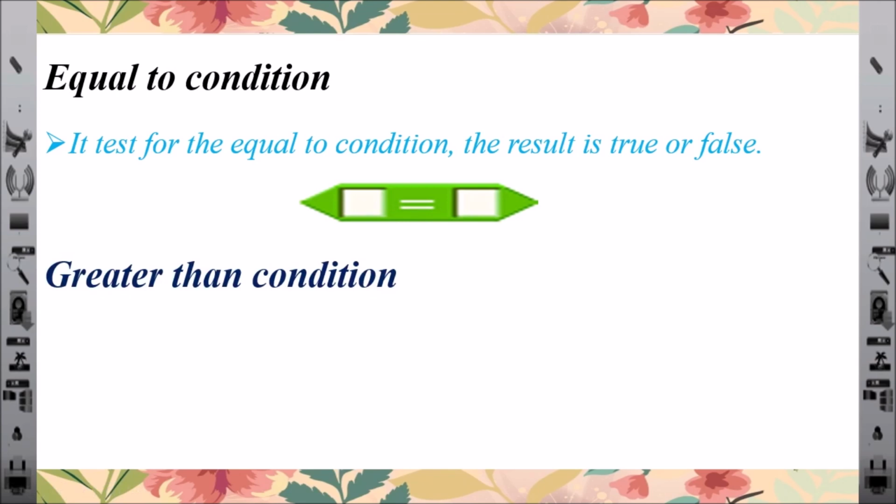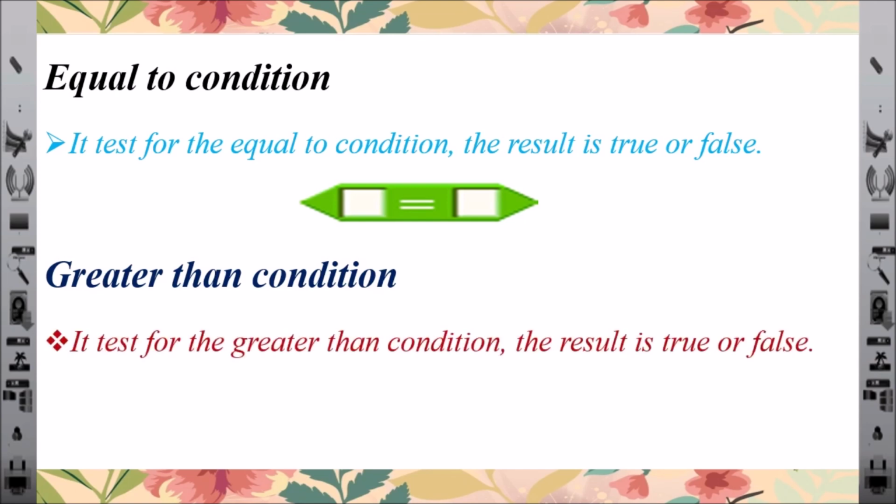It also tests the condition for the greater than value. Check whether the first number is greater than the second number, and the result output is true or false based on the condition. It tests the greater than condition, and the result is true or false.